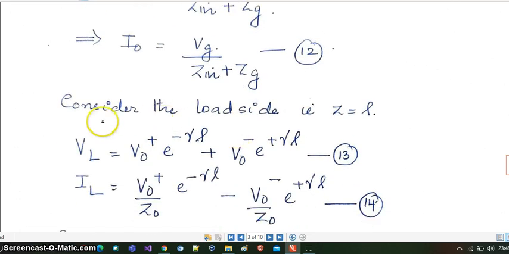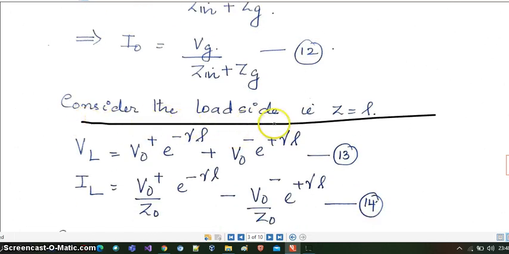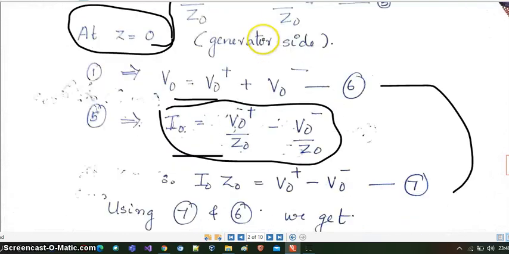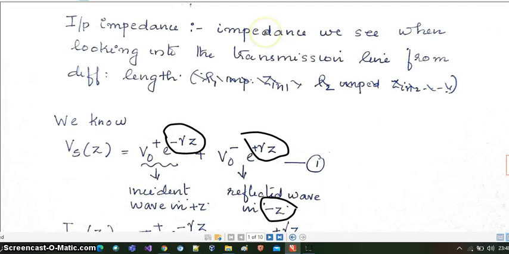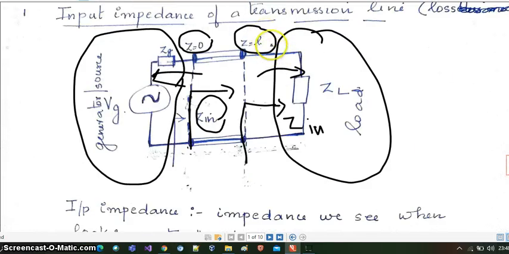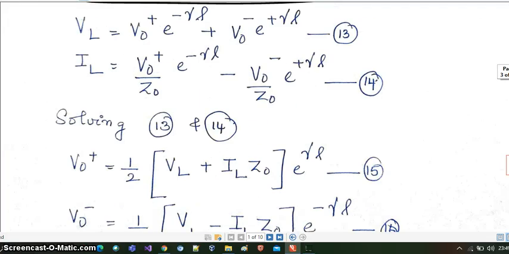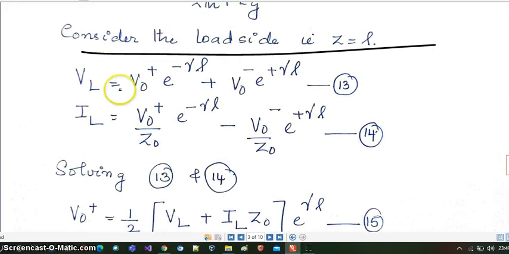So next we will go to the load side. Load side means here you can see Z equal to L, because Z equal to L is near the load side. What happens?